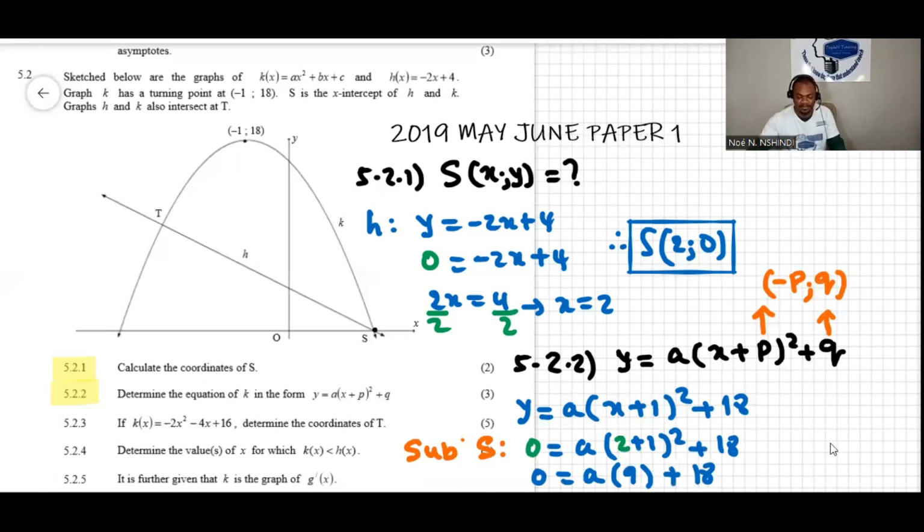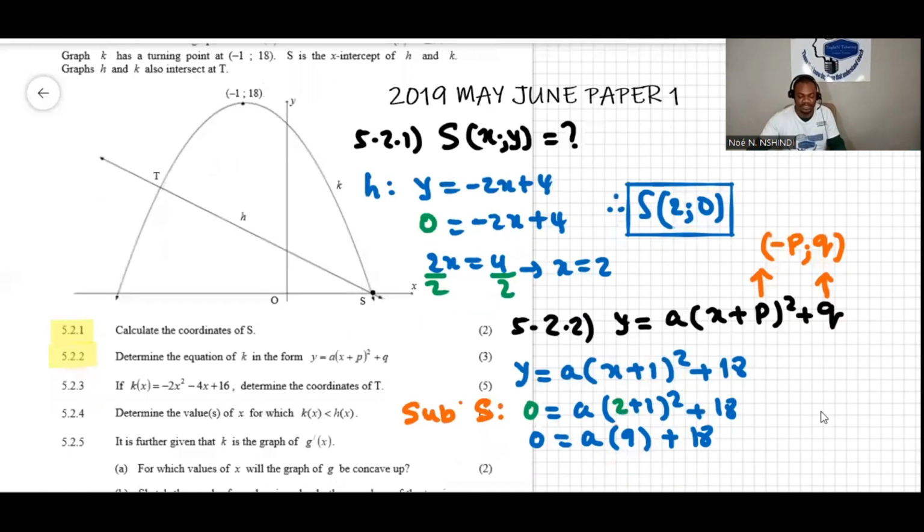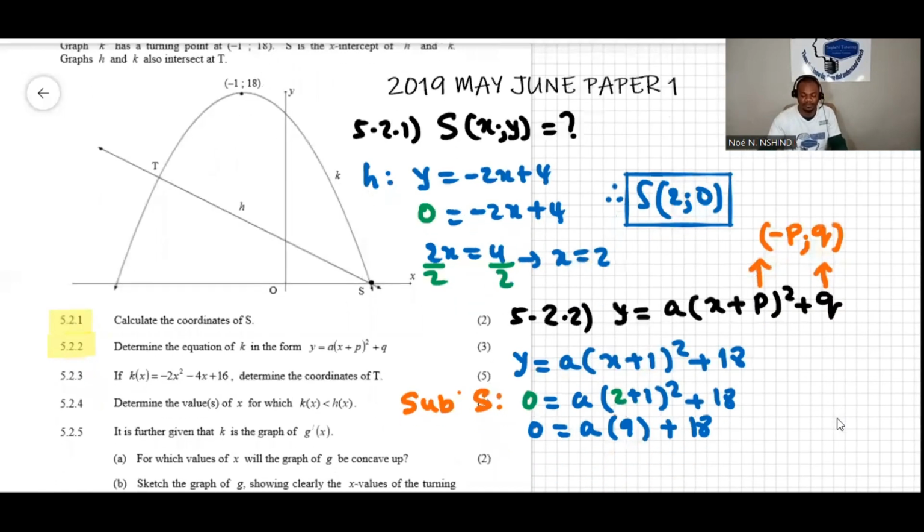So that makes 0 equal to 9a plus 18. Then I can move the 9a over, so negative 9a equal to 18.